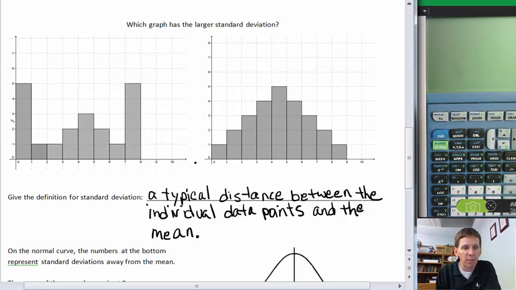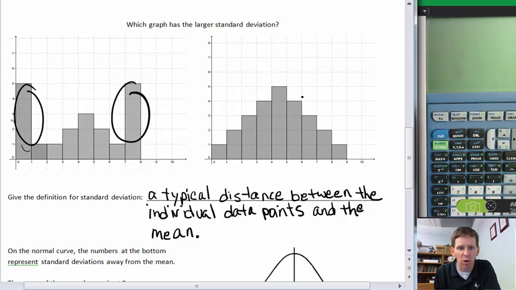Well, when you compare these graphs, in the first graph we have a lot of points that are close to the mean, but we also have a lot of values out here, some tall bars over on each of these sides here that are kind of far away from the mean. Whereas in this case, the tall bars are all close to the mean, so most of the values are right here in the middle, which are close to the mean, compared to a few values on the outside which aren't as close.